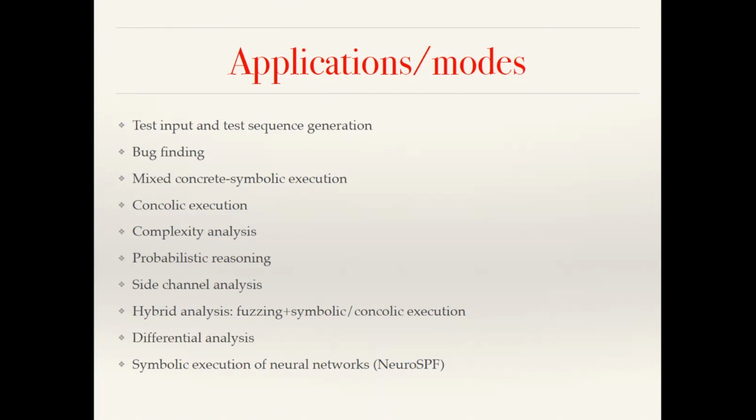Fuzzing is in some sense easy and very successful, but it's hard, for example, to exercise conditions that have equality, because it's hard to invent two symbolic values that are exactly equal just by mutations. But symbolic execution would be good in such cases.